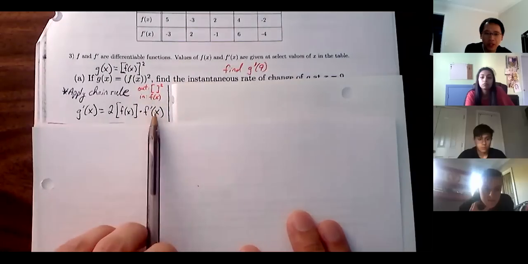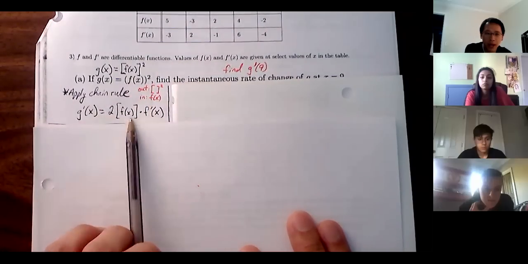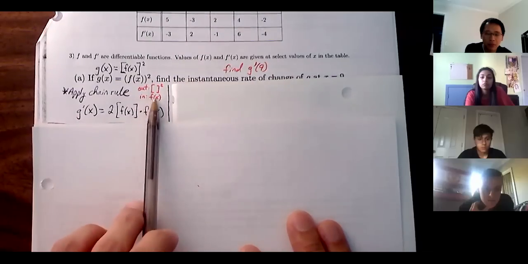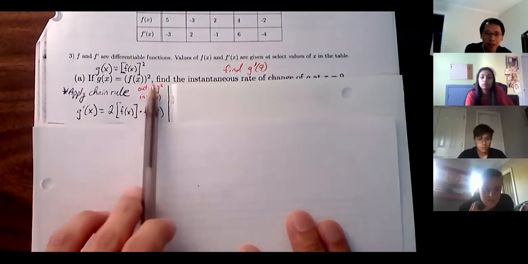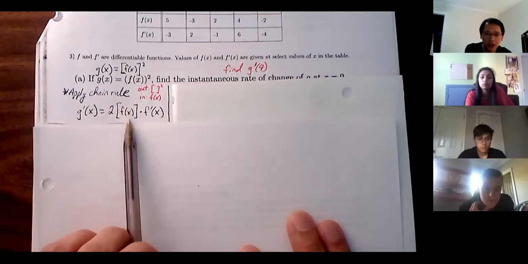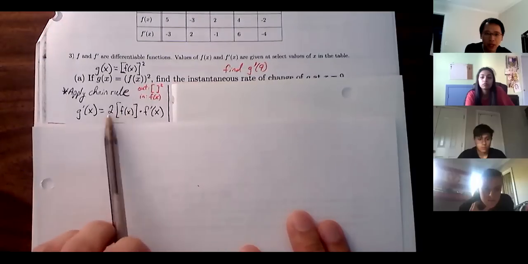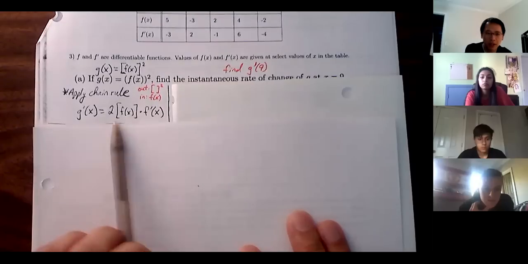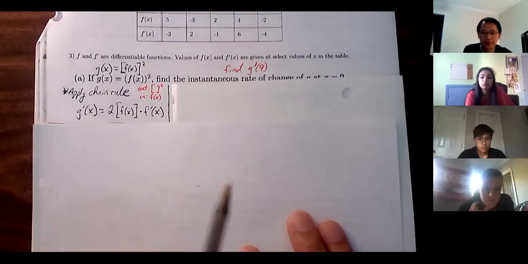So we take turns with each derivative. Bracket squared becomes 2 bracket to the first power. And then the inside function f becomes f prime. We always fill in our outer function with the original inside, so we don't want to do a derivative inside another derivative. We have to make sure we separate it into 2 distinct regions.